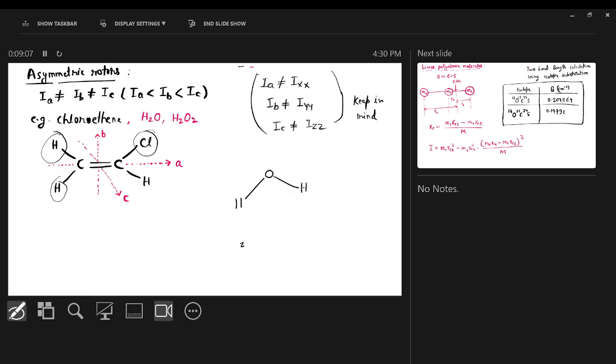This is the water molecule. I will say this is the y-axis, this is the z-axis, and the perpendicular of this yz will be the x-axis. And somewhere here we will have some center of mass.